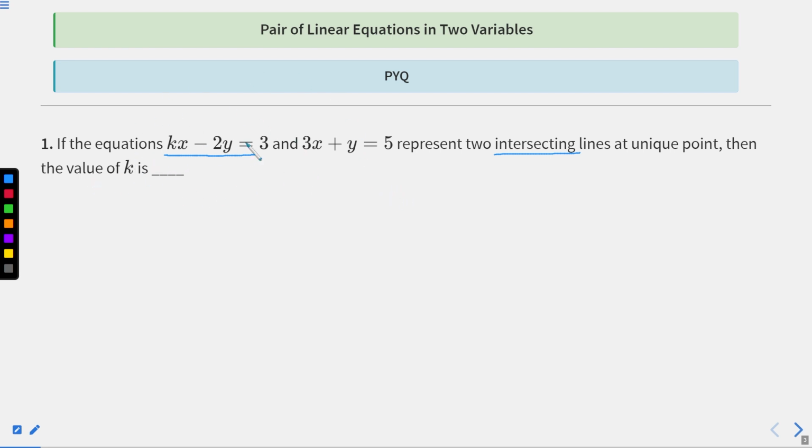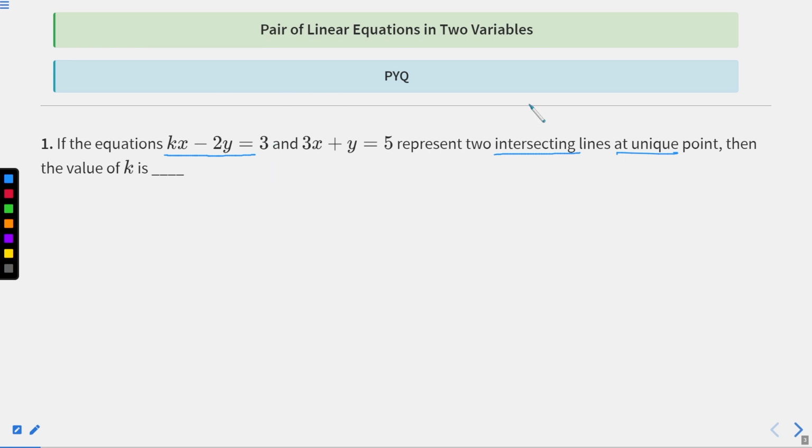Basically, we are given two linear equations, and they represent two intersecting lines at a unique point. That means this pair of linear equations will have a unique solution.